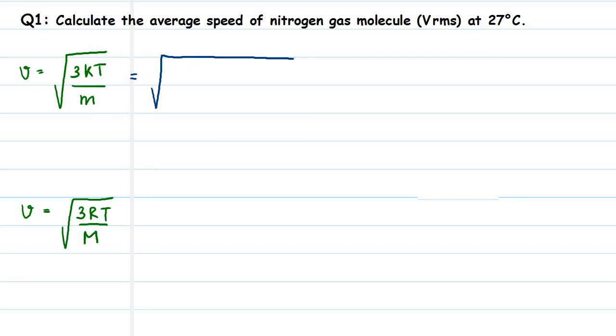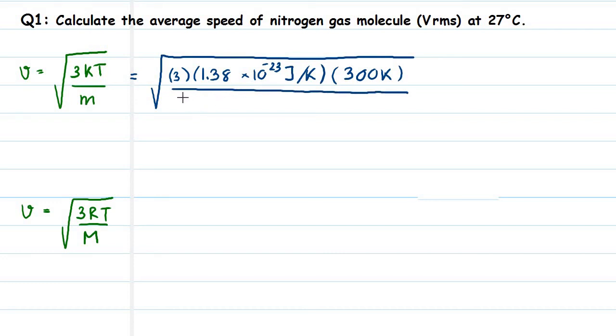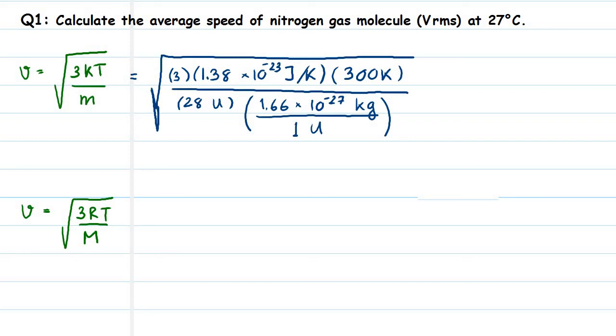For this one, we have 3 here, and k is 1.38 times 10 to the negative 23 joule per Kelvin, and the temperature is 300 Kelvin, and then it is divided by 28 amu, which is the mass of a single molecule of nitrogen, and the conversion of amu to kilogram is 1.66 times 10 to the minus 27 kilogram per 1 amu, and that's still in the same square root here.